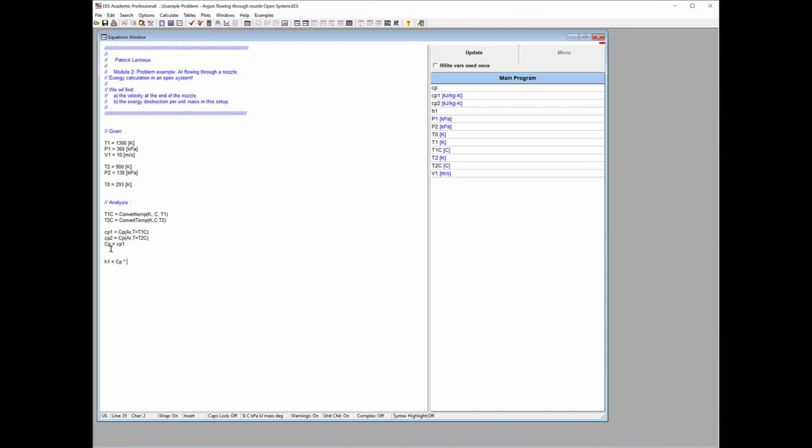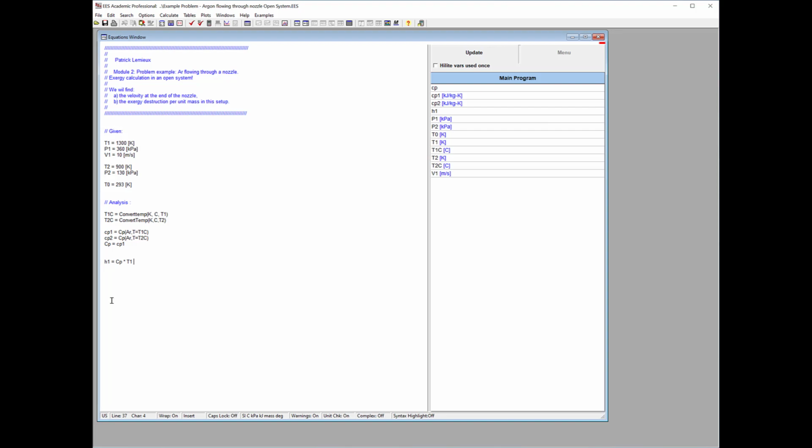And now I'm going to multiply that by T1. So question for you, stop the video after the question. Is that T1 in Kelvin that I want there, or T1 in Celsius that I want there? All right, even though I've got my unit system defined here, what do you think? What do you think is the proper temperature here?